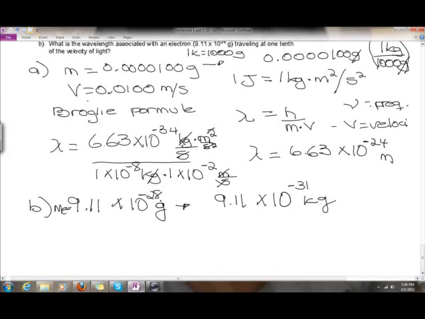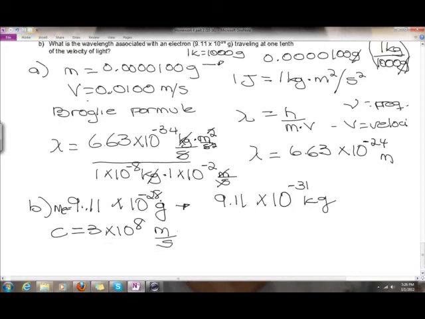This is going to give you, again, the same thing, but there's a difference here. The electron is traveling at 1/10 of the velocity of light. What is the speed of light? 3 by 10 to the 8 meter per second.